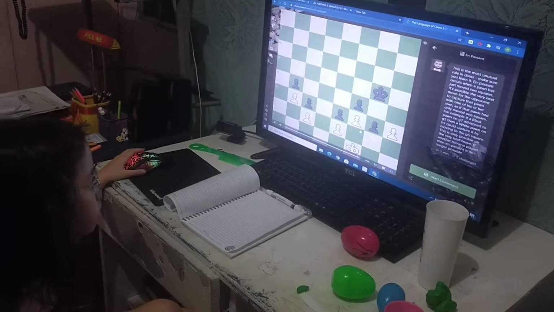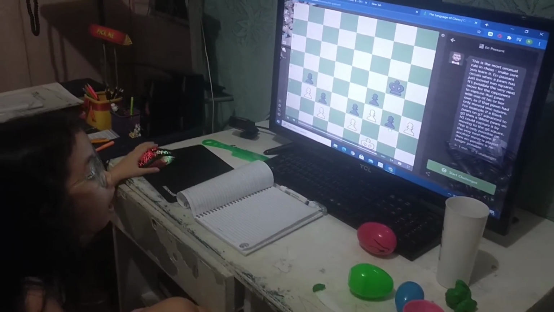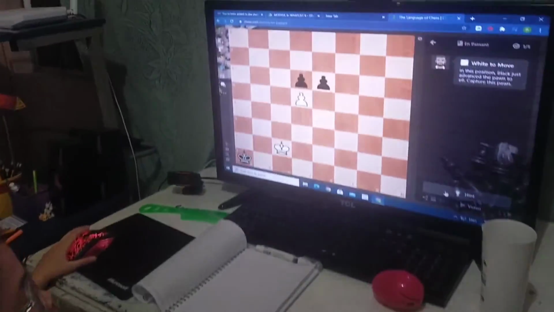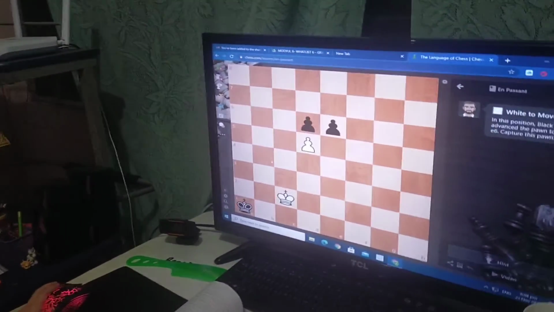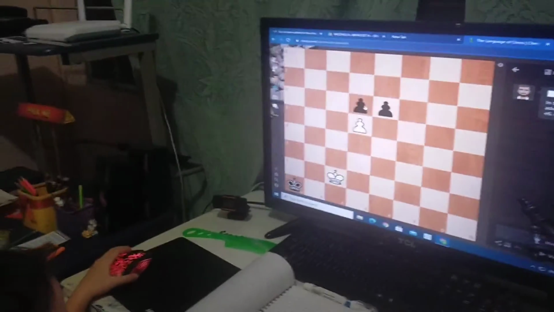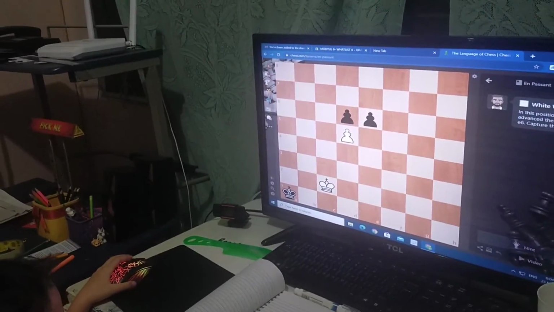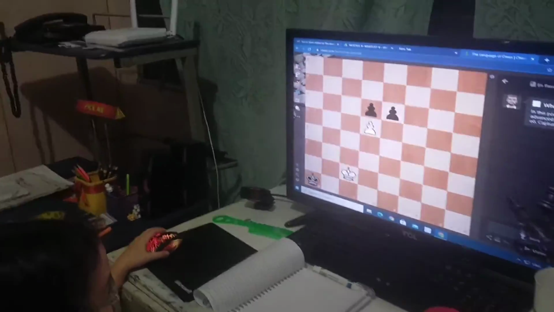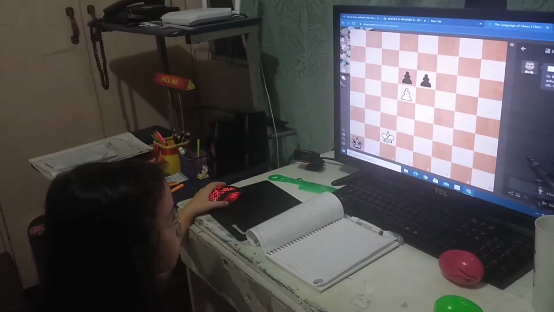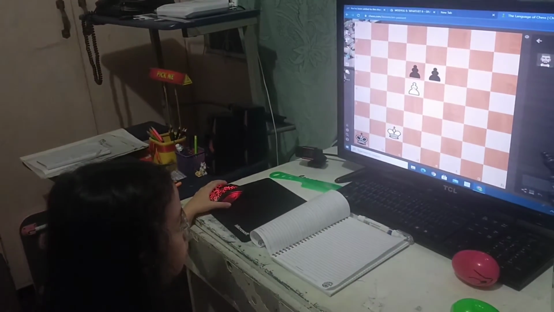Now that you've learned en passant, let's have you try. Try daw natin. Okay. White to move. Paano ka lalagpas? Ayan, nakablock yung pawn mo. Paano mo lalagpasan yan pawn na yan? Gagawin mo, kakain, di ba?